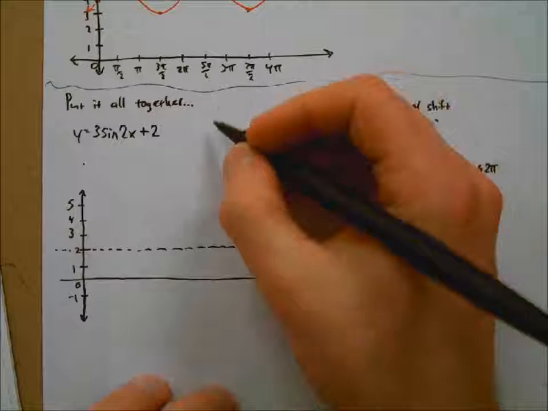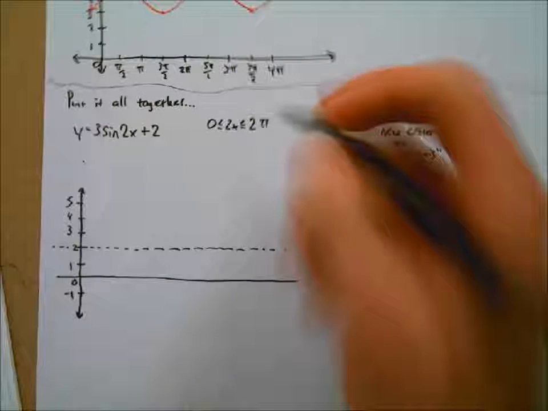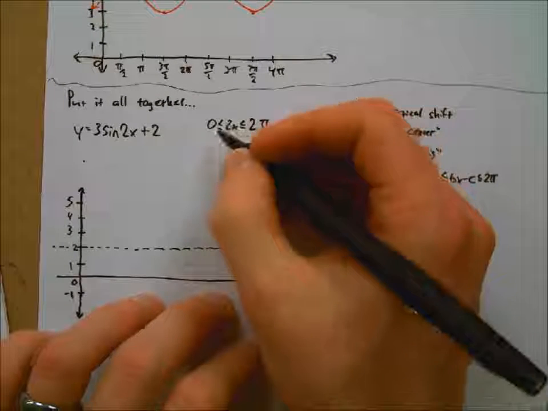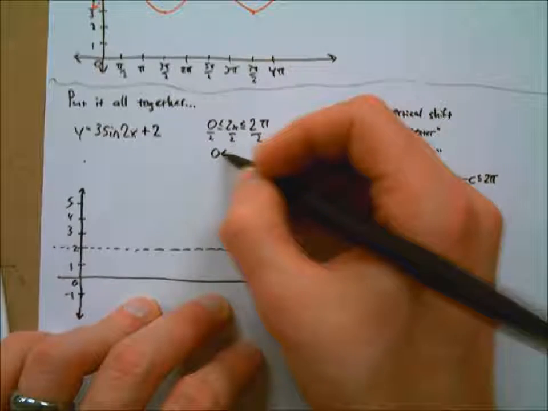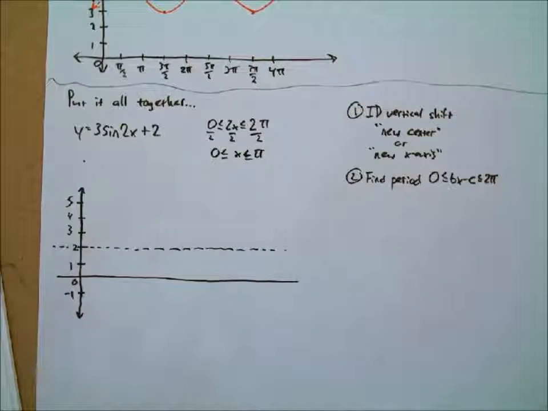So we'll put 0 less than or equal to 2x less than or equal to 2 pi. That's our normal period. But now we have to solve for x here. So what should we do to the different sides? Divide by 2. And so we get 0 less than or equal to x less than or equal to pi. So our new full period is from 0 to pi.